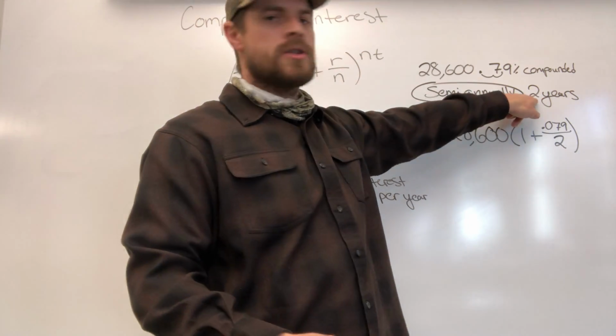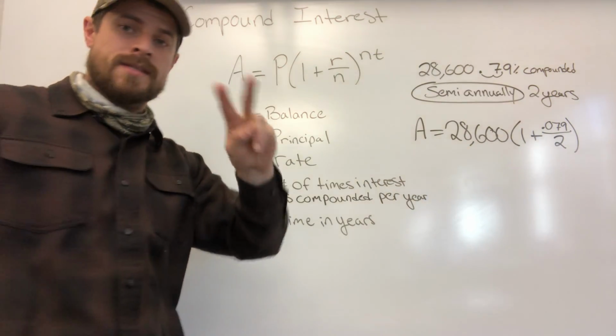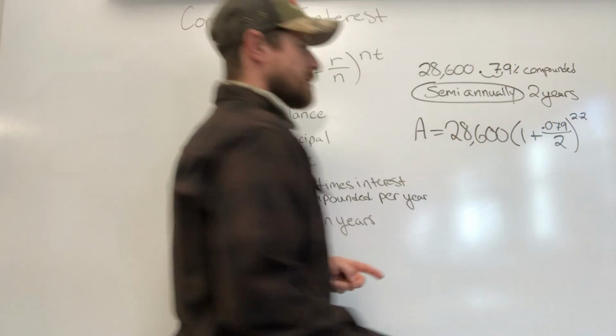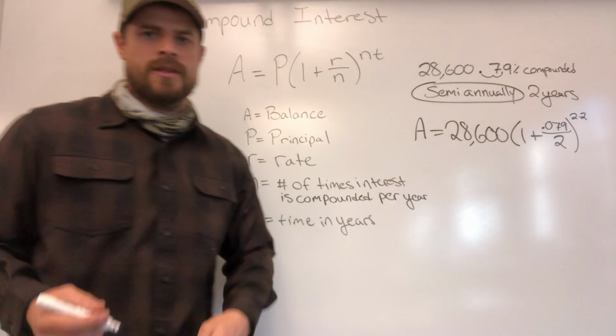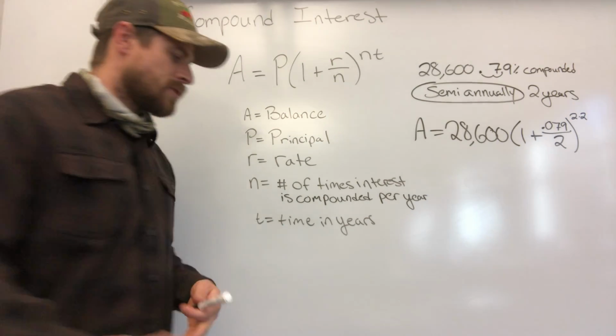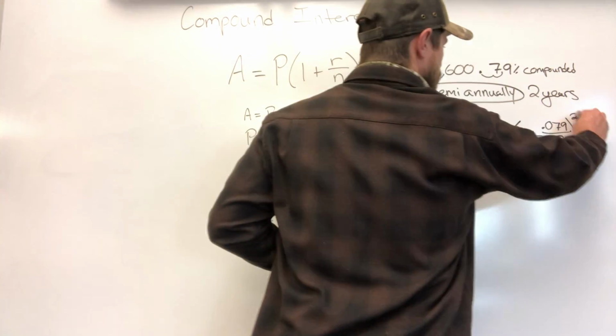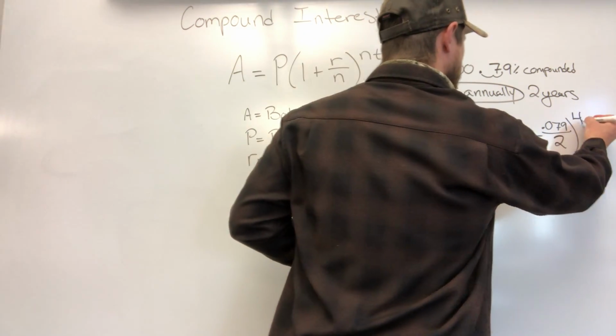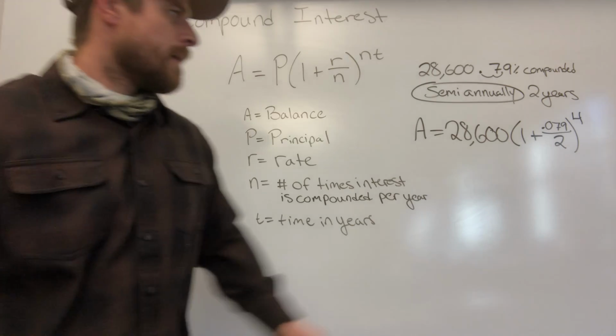We're going to leave it in for 2 years and it's going to compound twice a year. So 2 times 2, and I tell my students to just mentally calculate this part out and put the new value in right away. 2 times 2 is 4, so we're just going to change that right now to a power of 4.